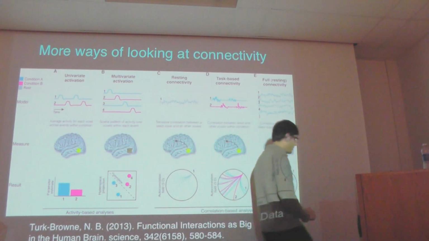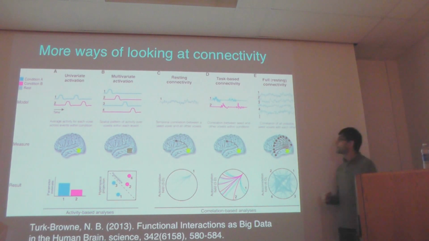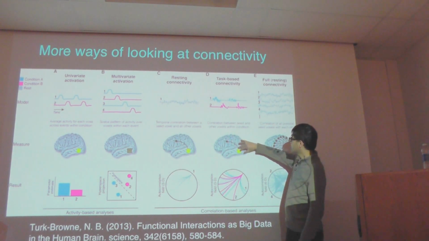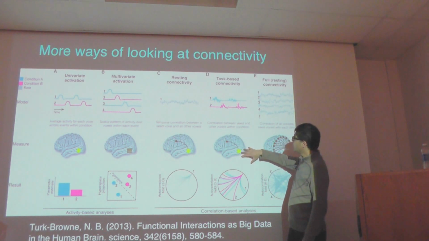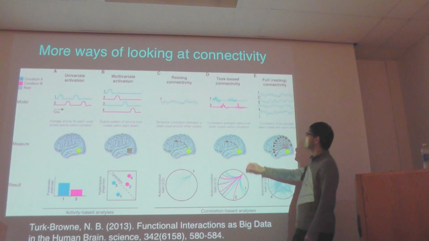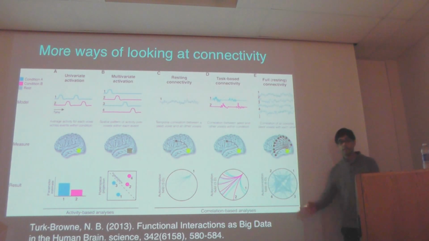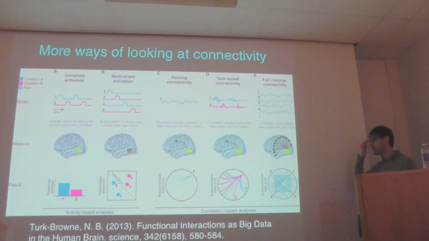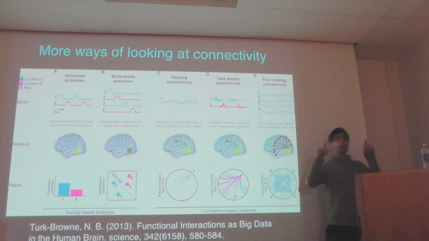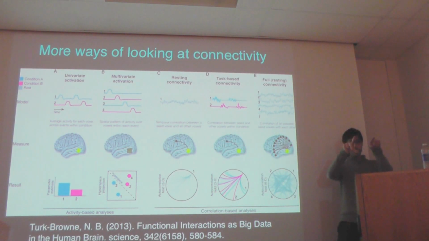Then you can ask to what degree these different voxels are correlated with each other when someone is doing the task versus when someone isn't, and how it varies between those two states. And here it's also interesting to try to pull out the difference between two things that are correlated because they're both being kicked at the same time by some third thing.